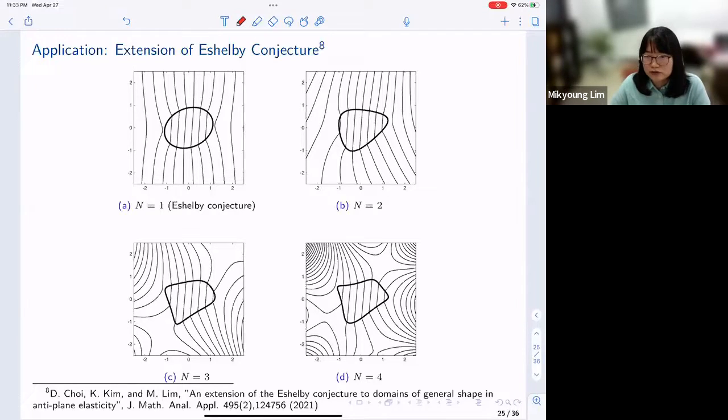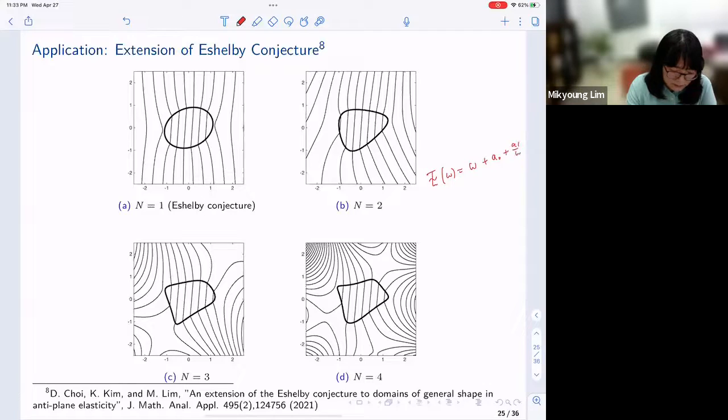And here n equals 2 means psi has terms up to the -2 term. So when psi has just up to the -1 order, then it gives us an ellipse. When it has a -2 term, then I say that the shape is of order 2.